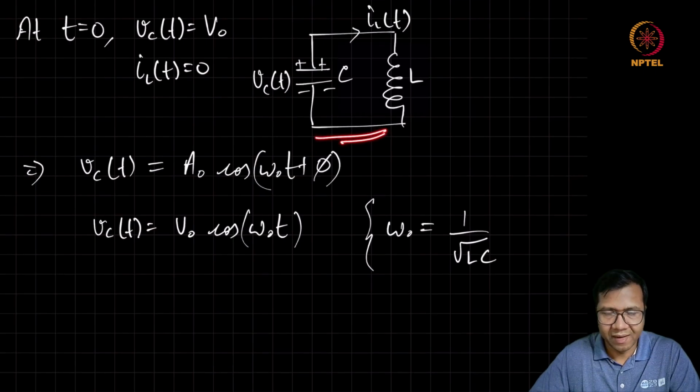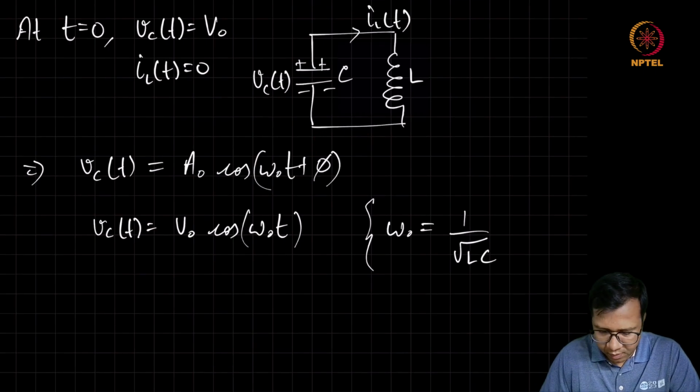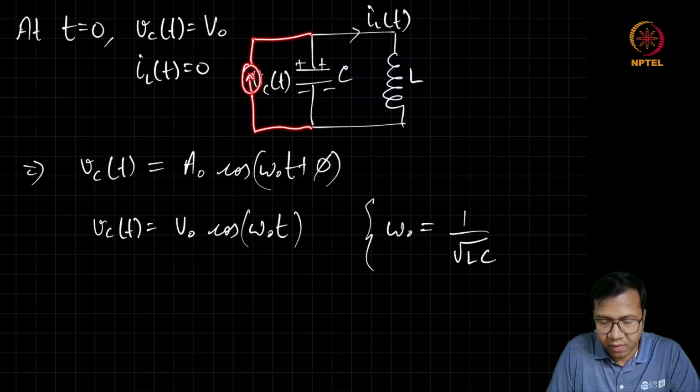So in this simple LC circuit, to add a stimulus, we can also think of connecting a current source, and with the help of the current source we can add some energy to the system without changing the characteristic equation.